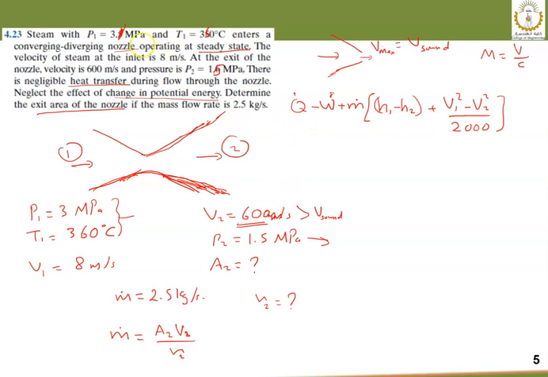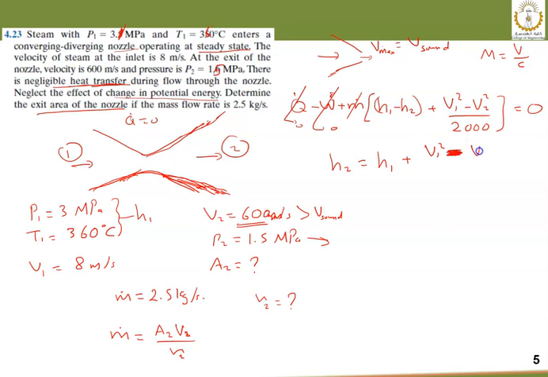Here we are told there is negligible heat transfer, so Q dot equals 0. In nozzles, generally we don't have work. And we have steady state, so dE/dt equals 0. Then we can lose m dot. From P1 and T1, we can find h1. We'll see now how.